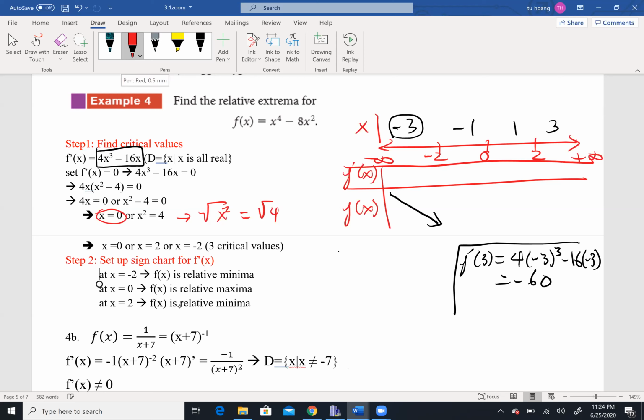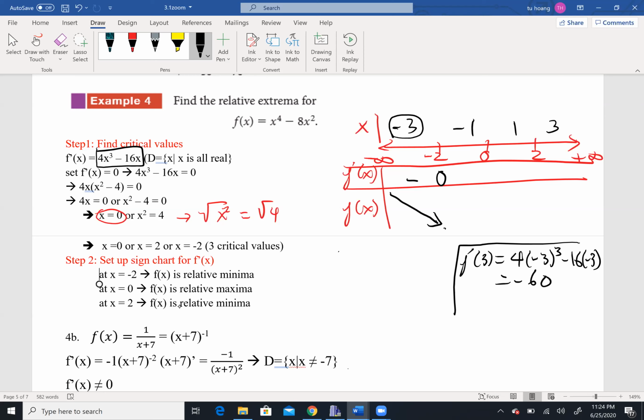So negative here. At negative 2, I know that f prime of x has to be equal to 0 since this is a critical value, so I have to put a 0. I may have the minimum here, I think, but let's check.